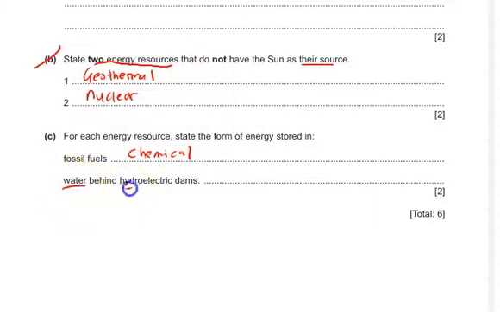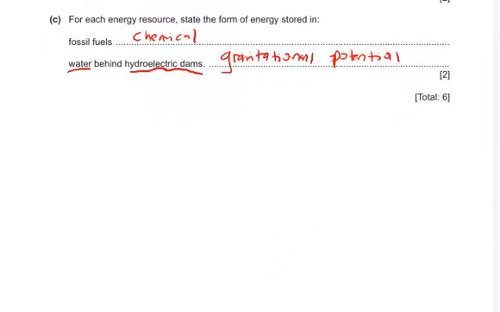Water behind the hydroelectric dam is gravitational potential energy. Okay, the reason why, let me just draw a few pictures for you. Here we will have the dam.